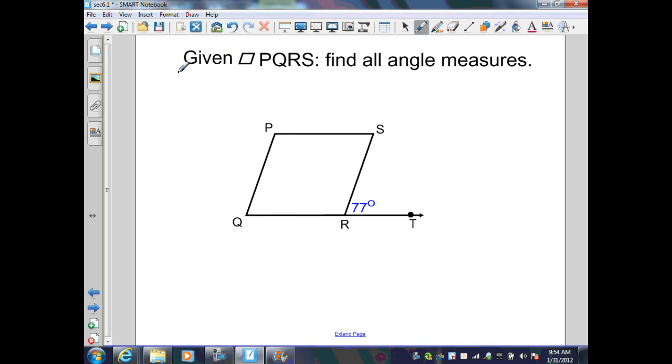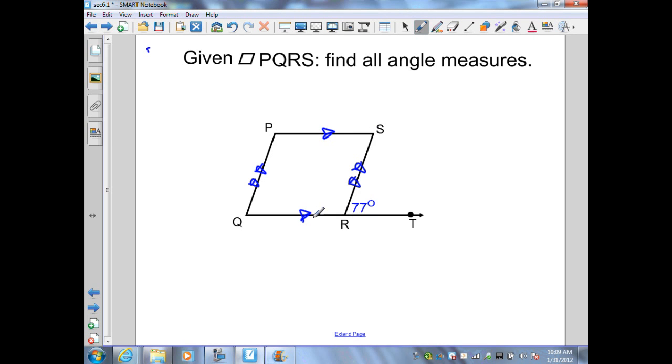Our last example, we're given parallelogram PQRS. I want to find all angle measures in the diagram. Since this is a parallelogram, I know that opposite sides are parallel. Therefore, I can have this angle, 77, congruent to angle S by the alternate interior angle theorem.